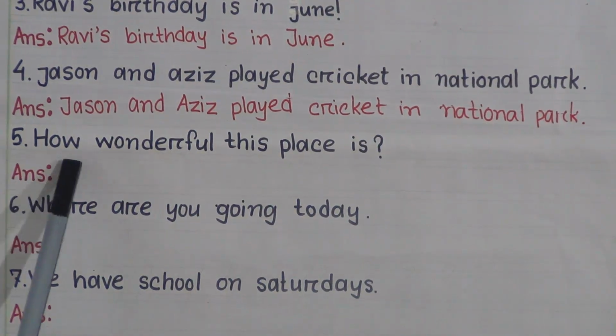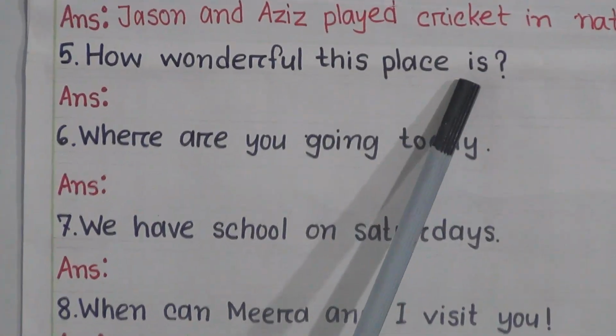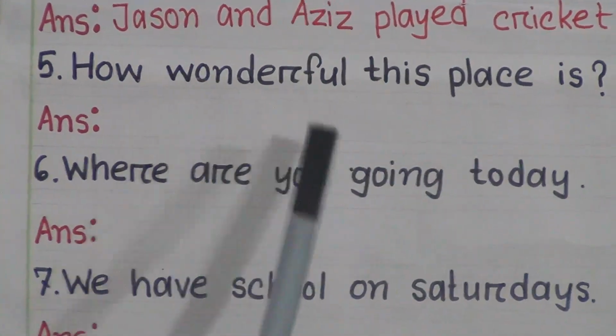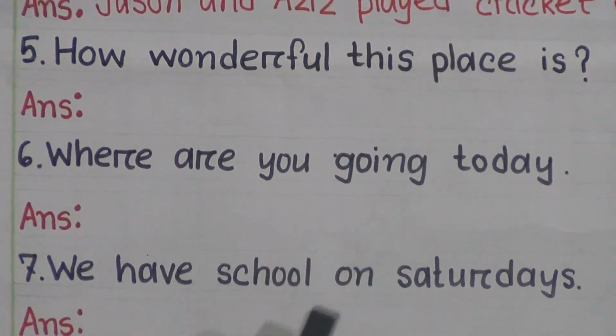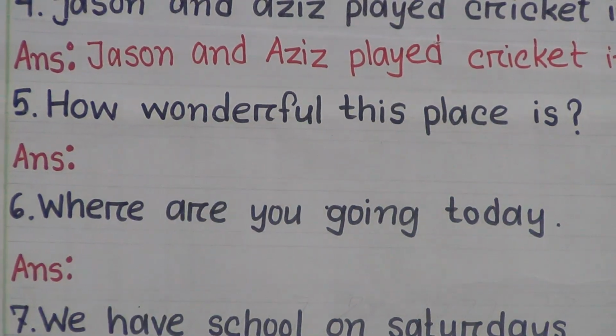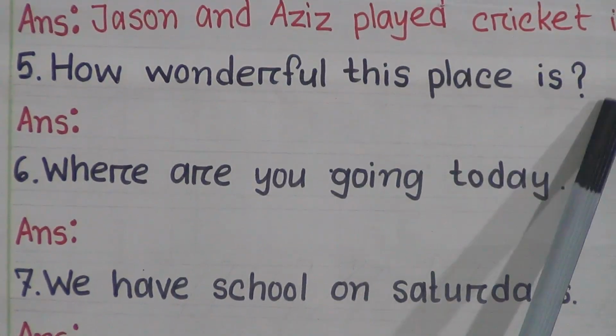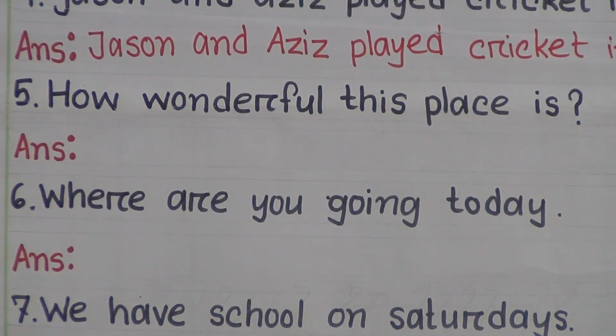Number 5, how wonderful this place is. Okay, we are expressing our feelings. We are expressing our wonder. So here we can't use a question mark. We must use the sign of exclamation, or exclamation mark.